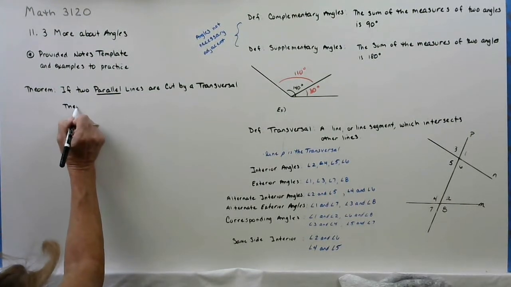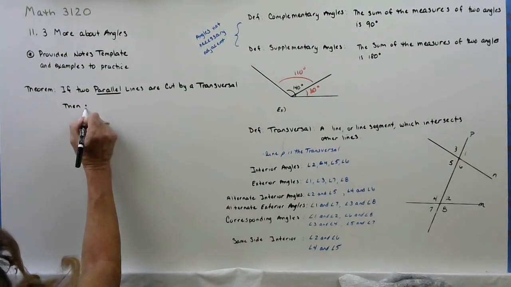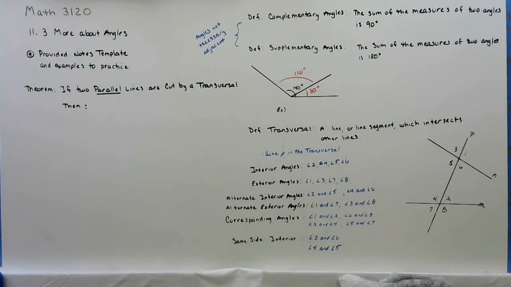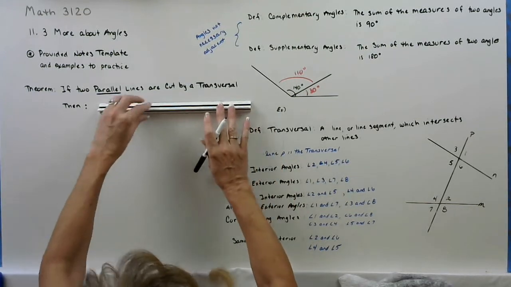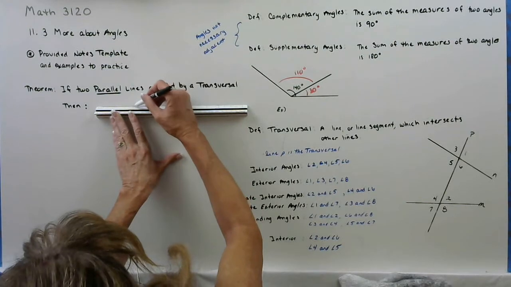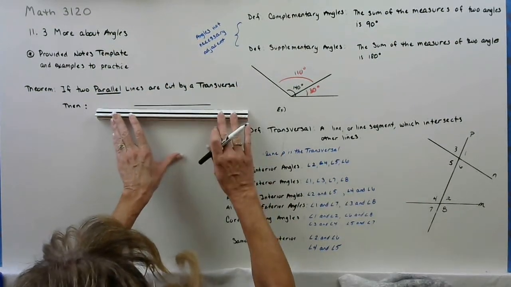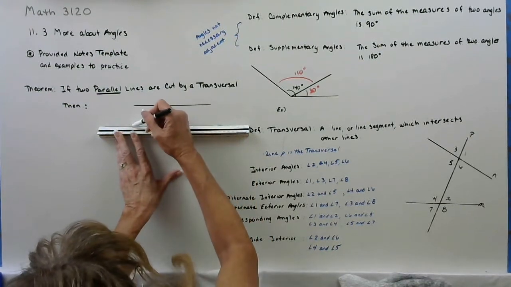Then, this is called the conclusion. We have 4 things that happen. Okay? So I'm going to kind of draw a picture to help. This time I'm going to make the lines parallel to each other. I'm going to have to sketch it a little bit. So just slide those down. That looks pretty good.